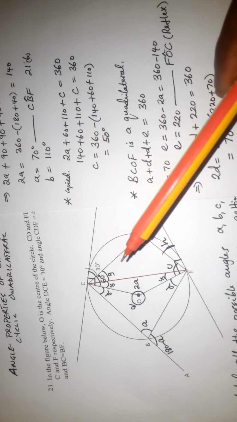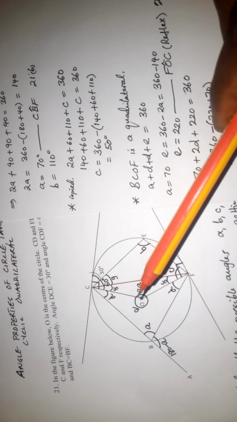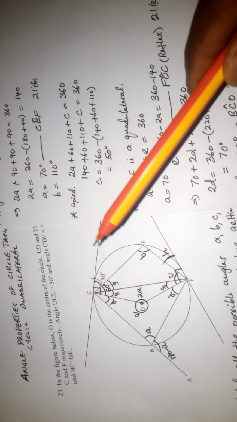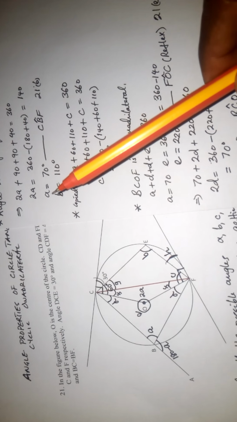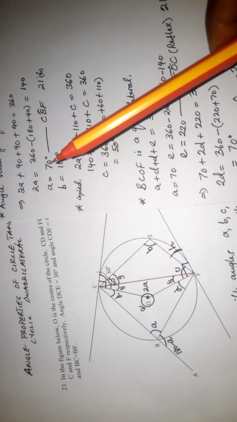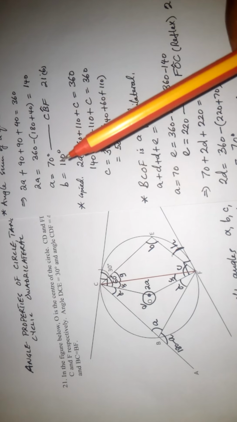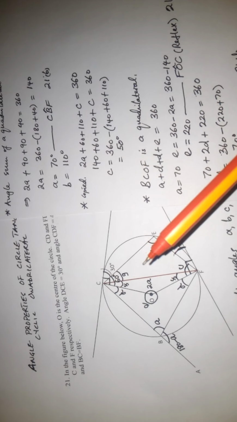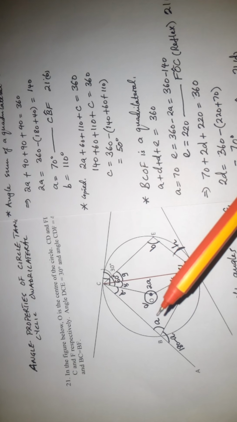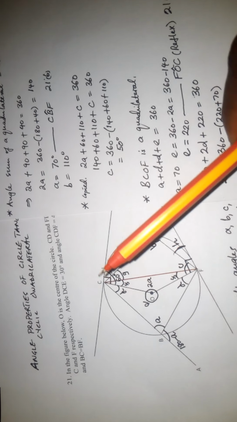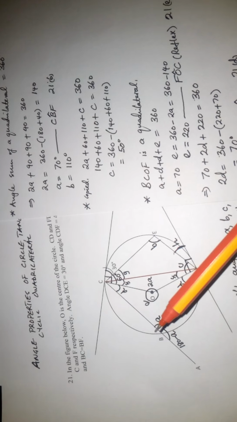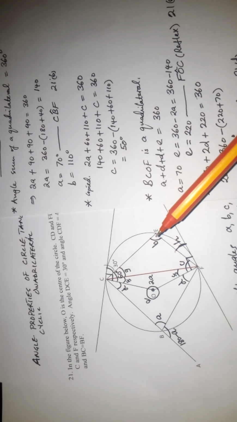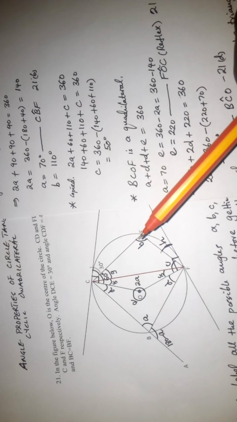Remember, why am I saying 90? Because this angle here is a right angle, because this is a tangent. So with that in mind, we resolve A as equal to 70 when we solve this equation, and B becomes 110 because BCEF is a cyclic quadrilateral. So this angle plus this angle, that is A plus B, should give us 180.